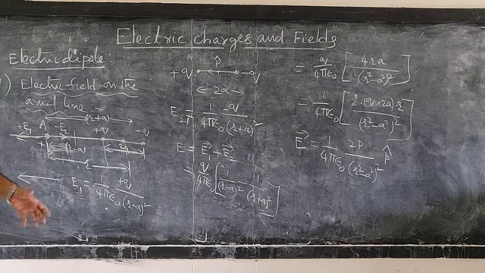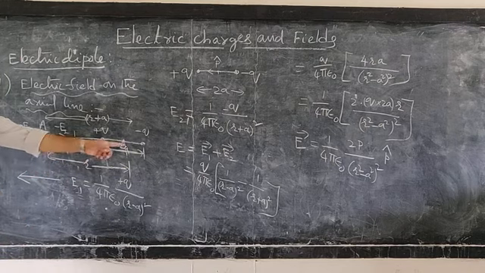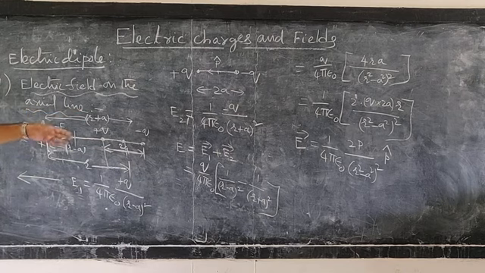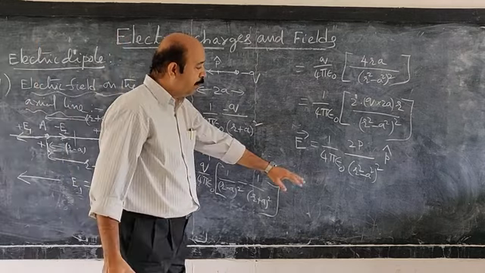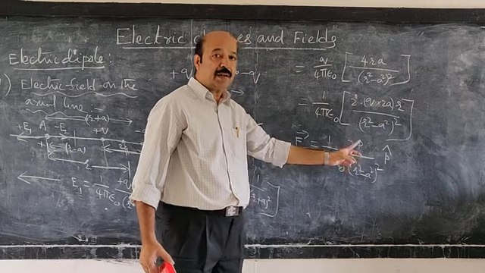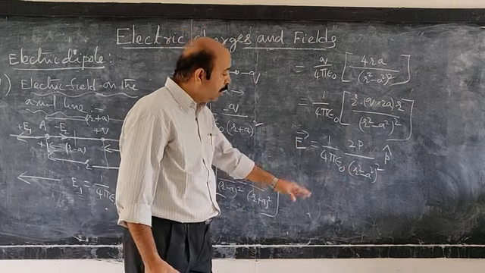That is, the resultant electric field at a point on the axial line of a dipole is in the direction of the dipole. So it is along the axis and in the direction of the dipole, and this is the formula. But here you should know that this product is written as P, that is called dipole moment.